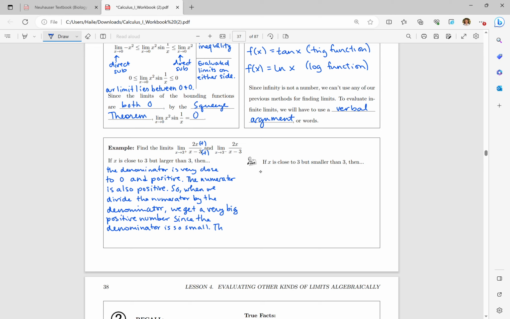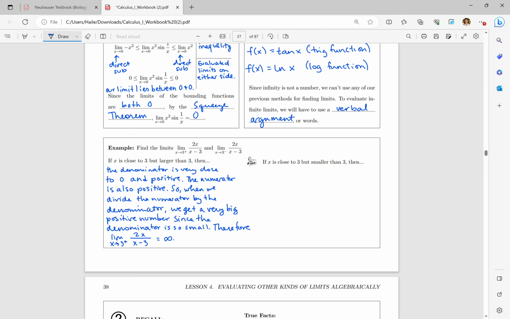Therefore, the limit we want, so the limit as x approaches 3 from the right of 2x over x minus 3 is equal to infinity.